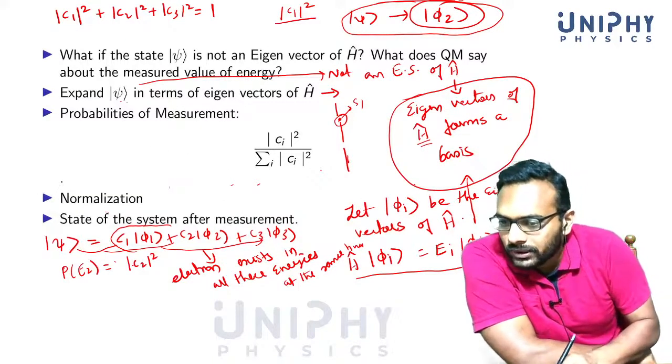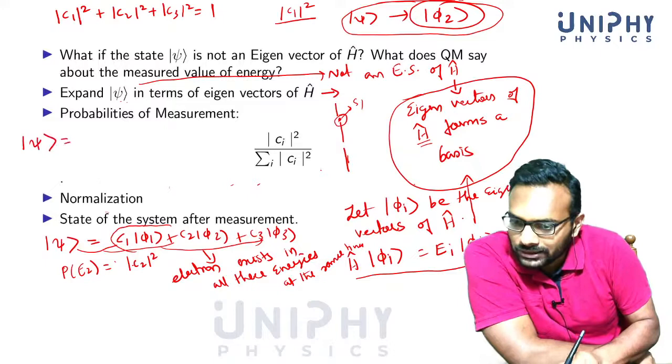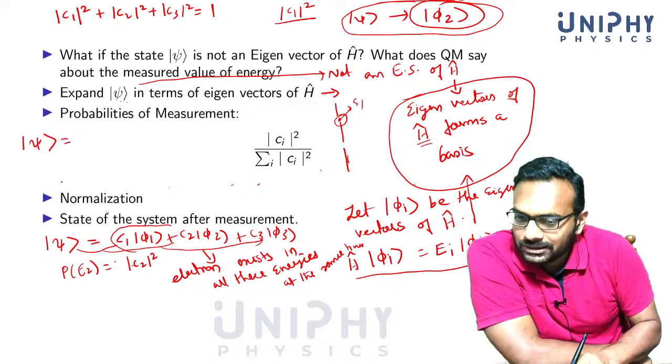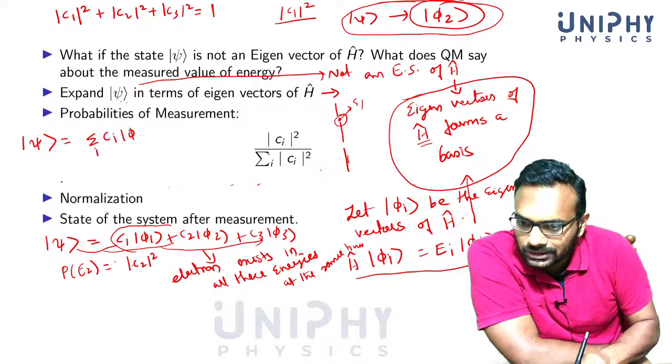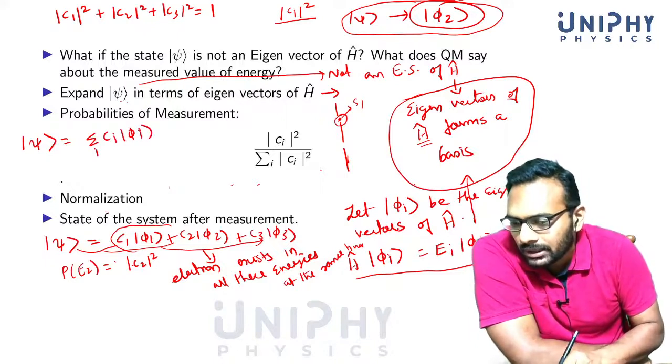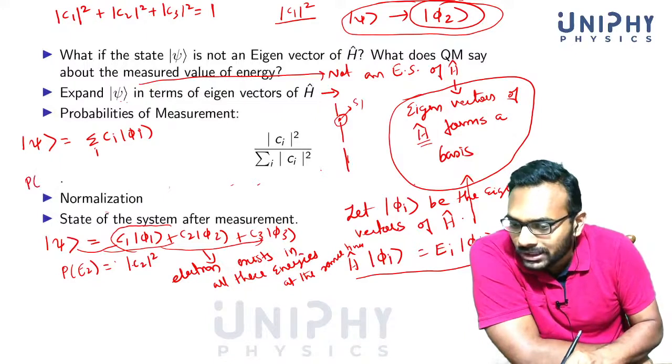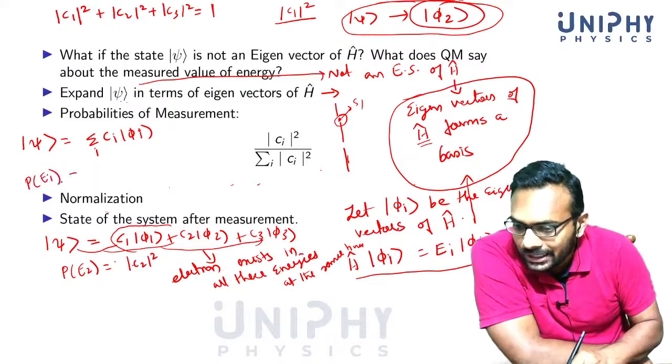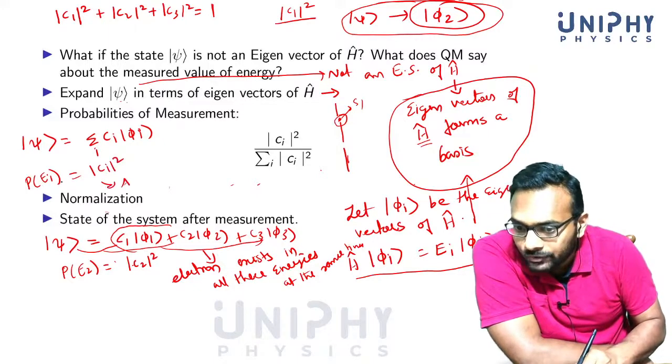So what we do is that we expand the given state vector in terms of the eigenvectors, Ci phi i. And the probability, let's assume it's normalized for the moment, of measuring energy value Ei is given by modulus Ci square. And what happens after measurement?